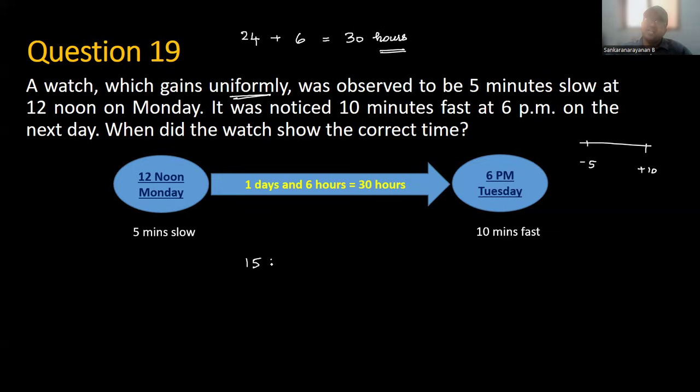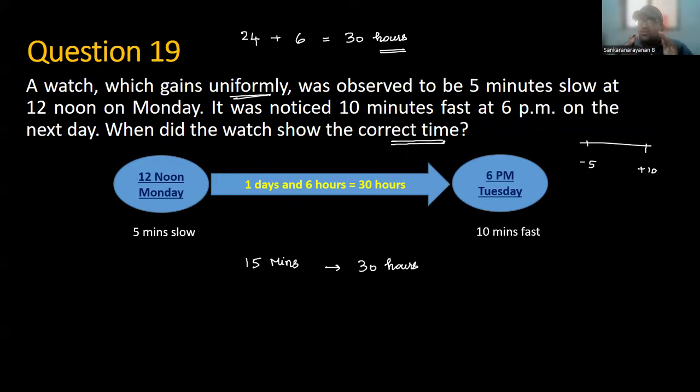I can say in order to gain 15 minutes, from -5 to +10, the clock has taken 30 hours. Got it? So in the question, it is asked, when did the watch show the correct time?